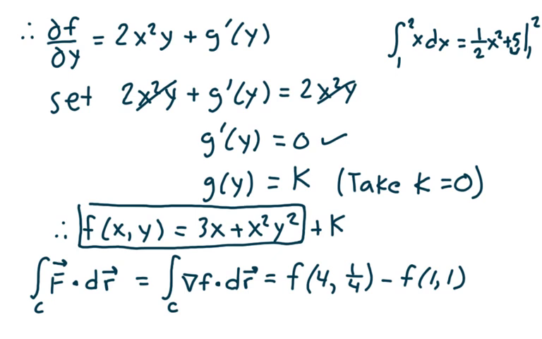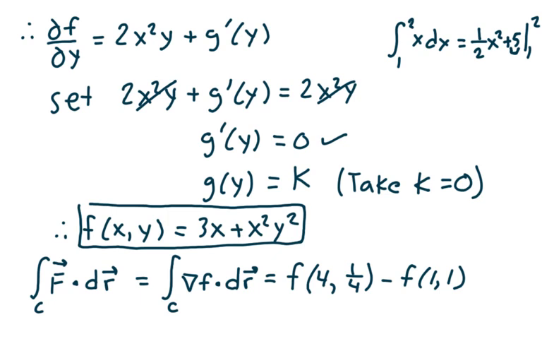It's not necessary to add that constant C. We just need an antiderivative that works when you do the definite integral. And when you apply the fundamental theorem of line integrals, you just need a potential function that works. I hope that makes sense. So in short, we're going to take k equal to 0 as a point of convenience.